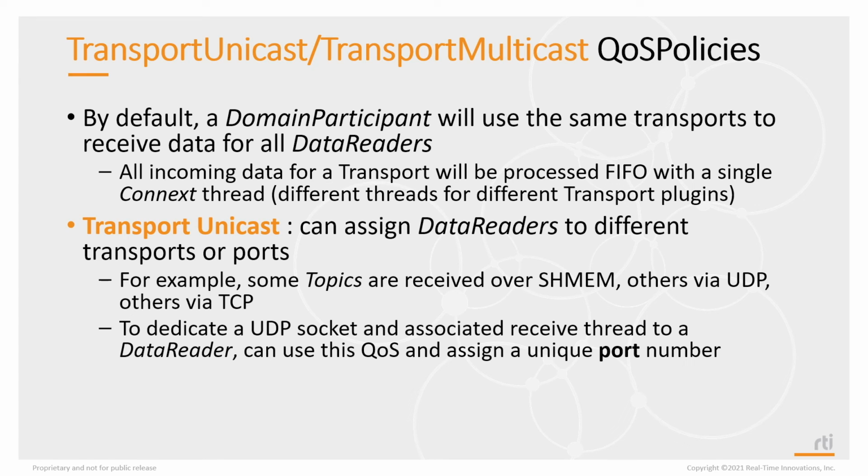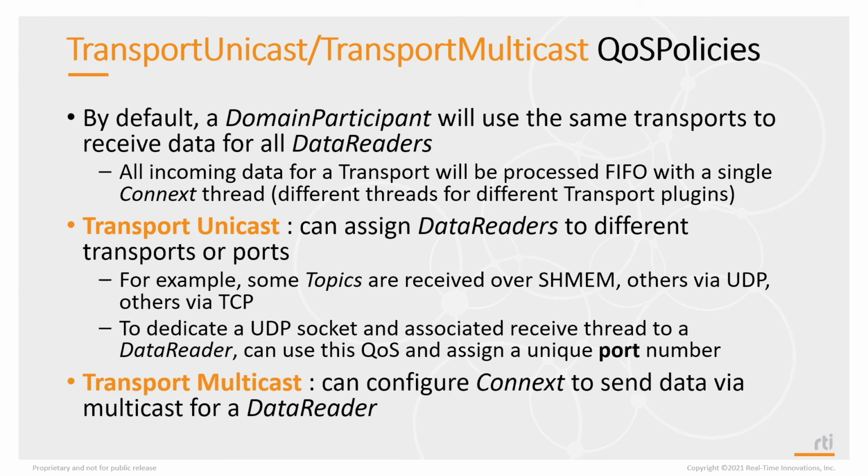These are highly configurable if you want something different than default. By default, you don't have to do anything, and DDS will just receive all the data on every transport that it's enabled to use. And multicast is the same way. You can configure Connext DDS to receive data via multicast for a data reader.